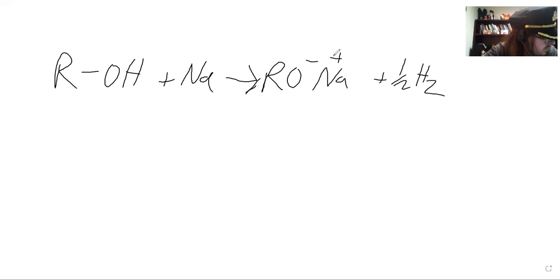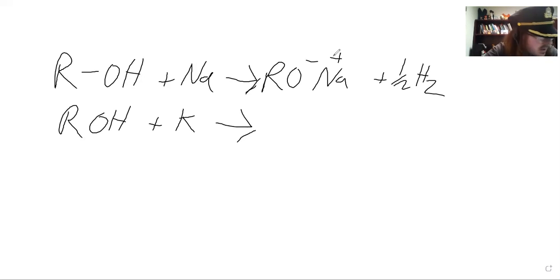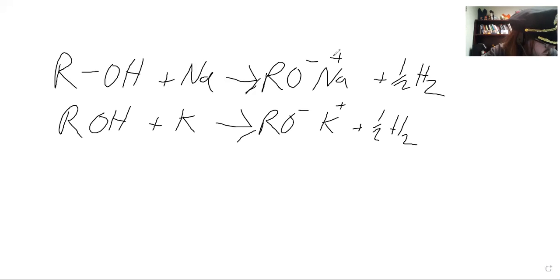Now we could do the same thing with, remember, potassium. I talked about this in my little review of the various reactive mechanisms. For formation, methyl is going to be easier than primary, which is easier than secondary, which is easier than tertiary.